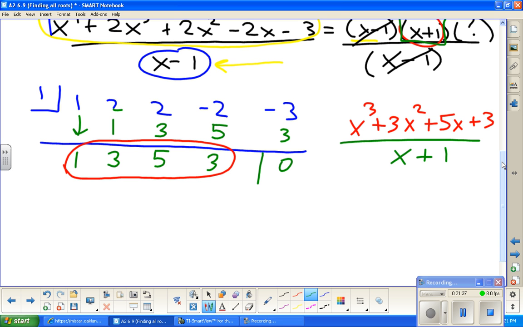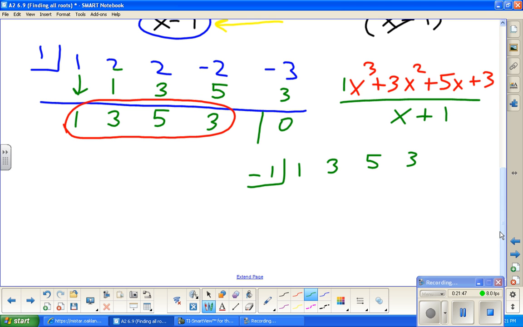So synthetically with that one, we would use a negative 1 in the box. Coefficients again are 1, 3, 5, 3. Okay, and we're going to go ahead and do synthetic. Bring down the 1. And we're going to multiply 1 by negative 1, and then we add straight down to get 2.